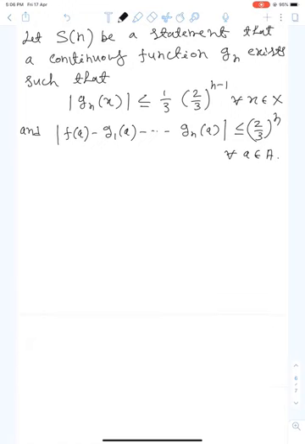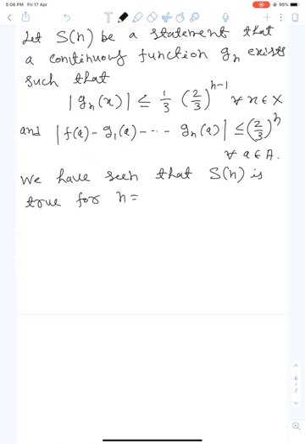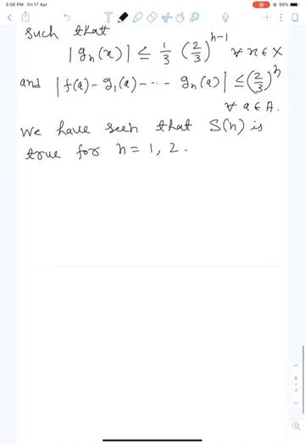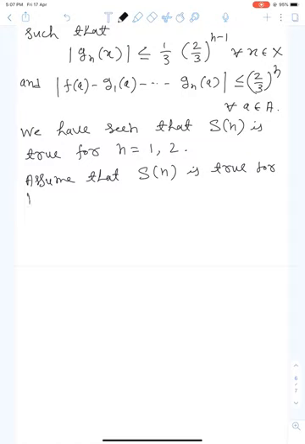Now we have seen that Sn is true for n equal to 1 and 2. Now assume that Sn is true for n equal to k.